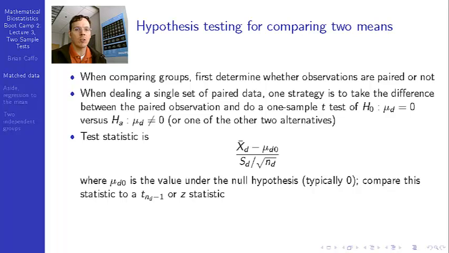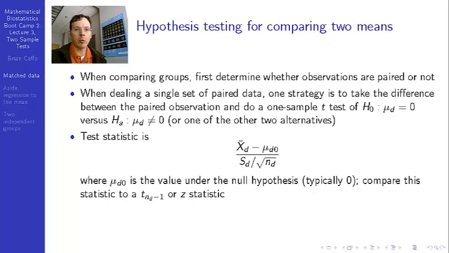Take as an example a trial where you have a treatment, say some medication. Imagine if you randomize that treatment to one group of people and randomize, say, a placebo to another group of people, then that's clearly not paired. You have one group of people that received the treatment, another group that received the placebo.